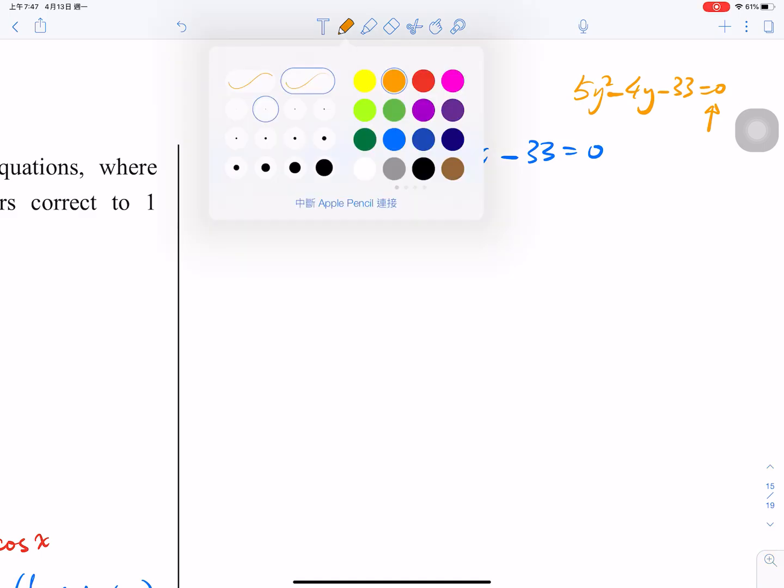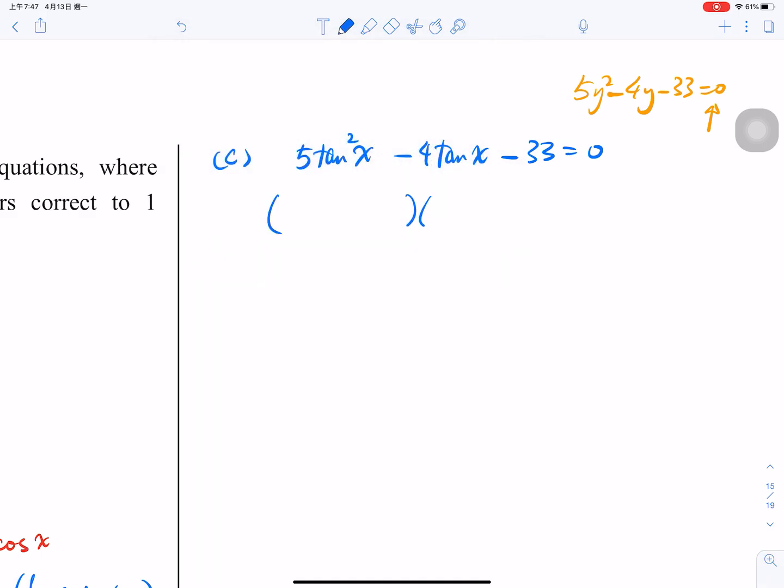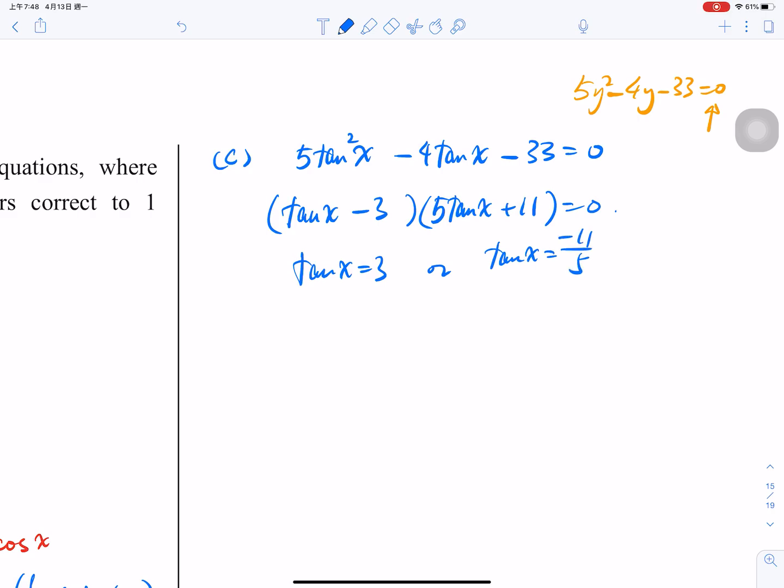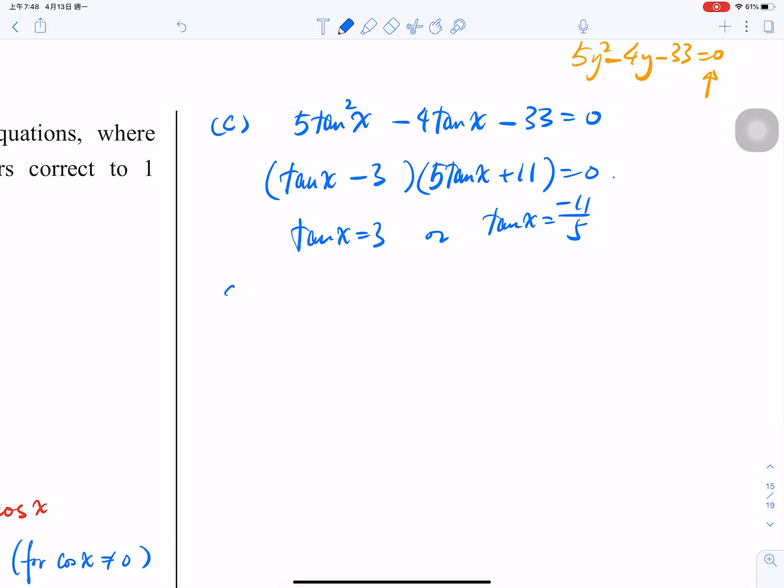Quadratic equation. Can you factorize? This time you can. That's great. So (tangent x minus 3) times (5 tangent x plus 11). Good. So tangent x equals 3 or tangent x equals negative 11 over 5.